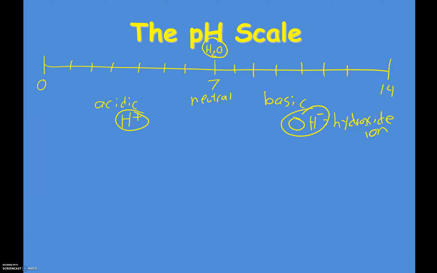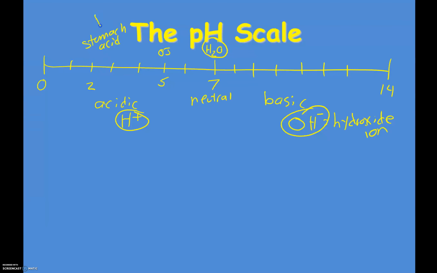So what does this actually mean? Well, let's say orange juice is probably around a pH of 5, and you can drink orange juice and it's not going to cause you any problems. But if we go down here to a pH of, let's say, 2, that is what your stomach acid is.